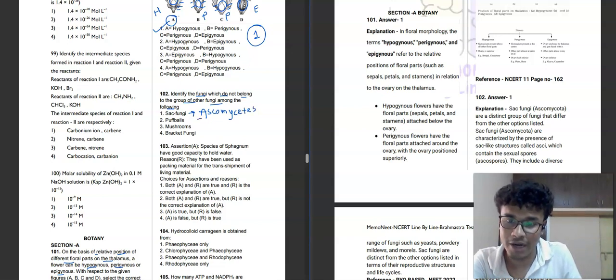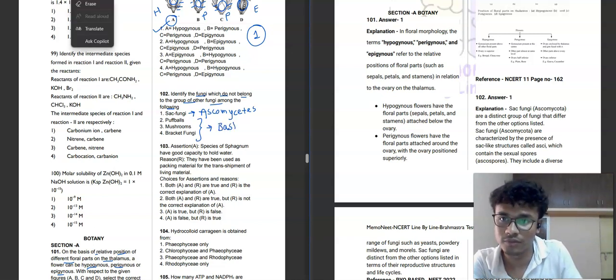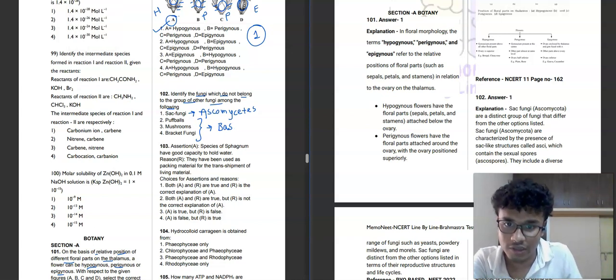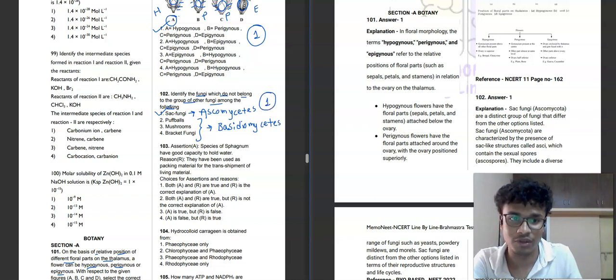Puffballs, mushroom, and bracket fungi are all Basidiomycetes. So sac fungi is different from the other three options. The first option will be the correct answer for this question.